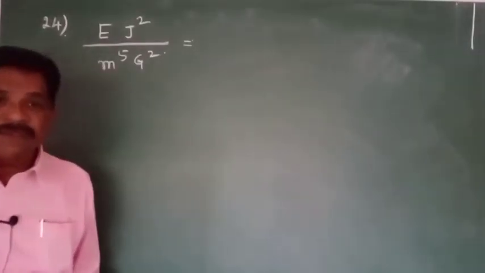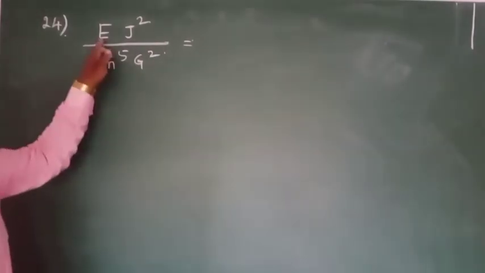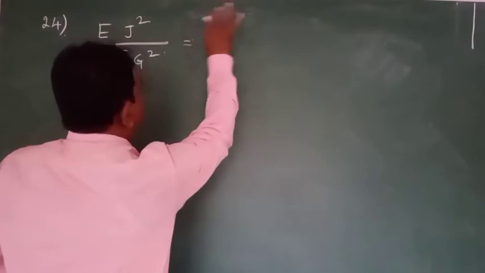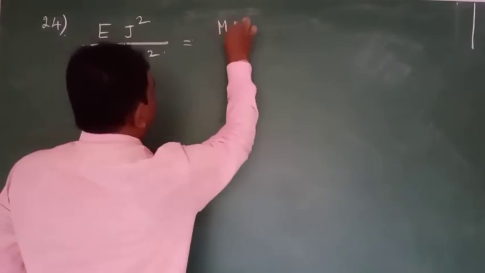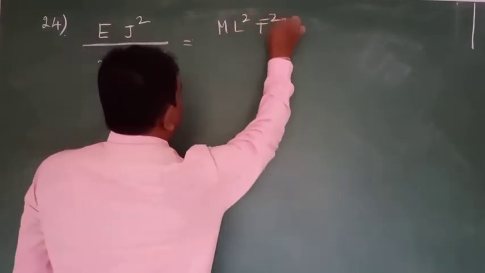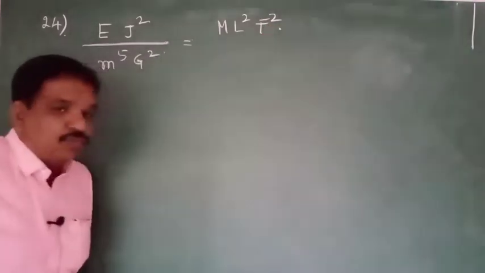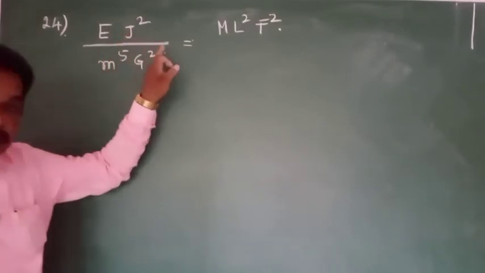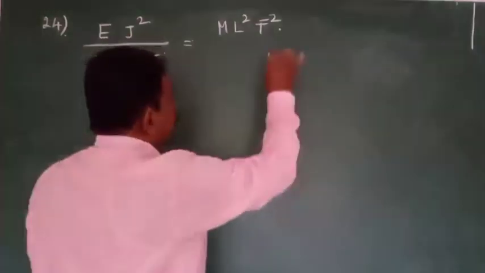You have to memorize all the dimensional formulas. E is energy, right? What is the dimensional formula for energy? Energy dimensional formula will be M L square T power minus 2. J is angular momentum.